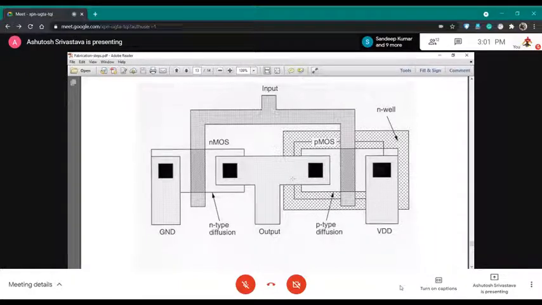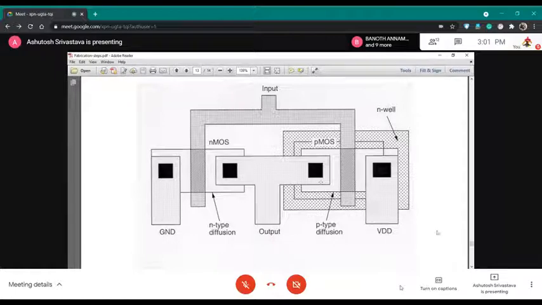Okay, so this is where you're seeing N well. So N well would be having P plus source and drain, and P plus channel, while your N MOSFET.